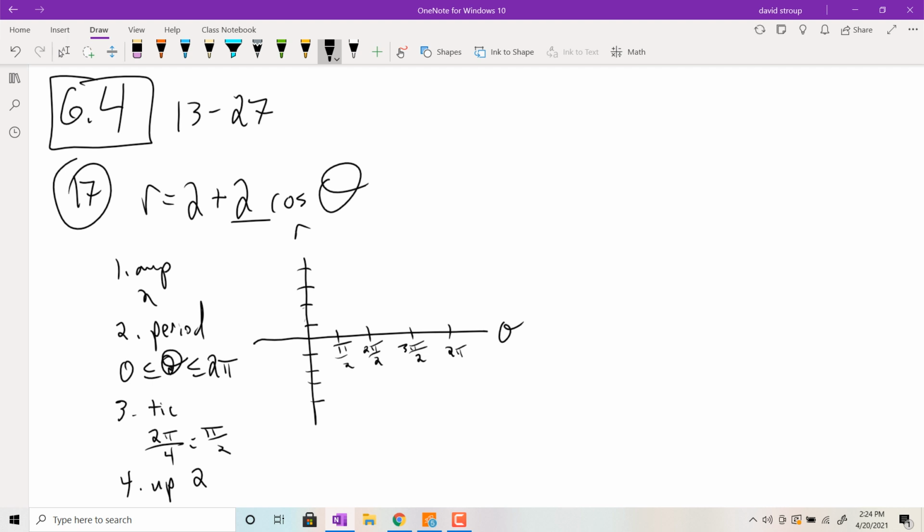Normally it would look like, let's put it in blue, it'll look like this. But we're shifting it up by 2. So each one of those points will be shifted up 2 units. Okay, so our new graph would look like this.